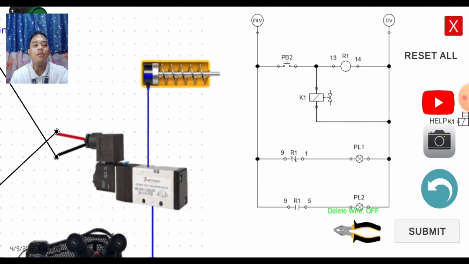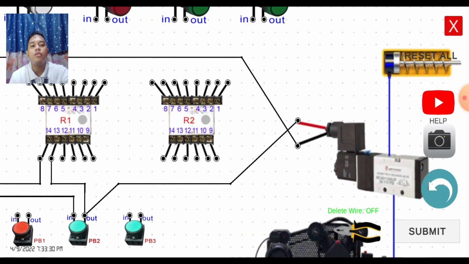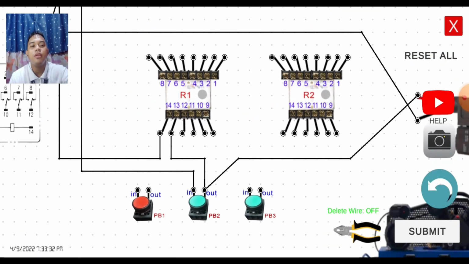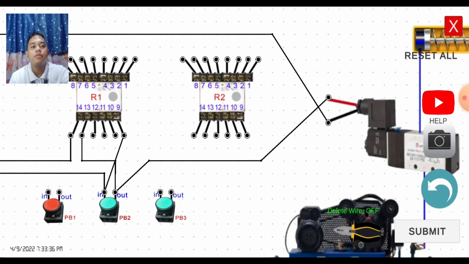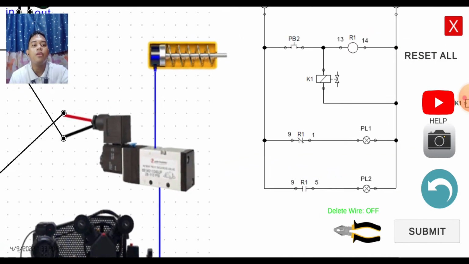In the third rung, 9 of R1 can be connected to either the input of PB2 or 24 volts. But to make it easier for us, we can connect it directly to the input of PB2. So, 9 of R1, connect it directly to the input of PB2. And next, 1 of R1, connect it to the input of PL1 or pilot lamp number 1.